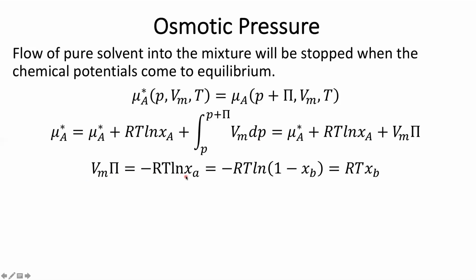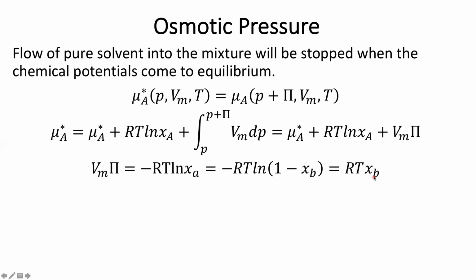But again, like with our boiling point elevations, we're going to be less interested in the mole fraction of the solvent and more interested in the mole fraction of the solute. And we're essentially going to do a similar strategy by converting to natural log of 1 minus the mole fraction, and then essentially expanding out the natural log to get a term of just the mole fraction of the solute.